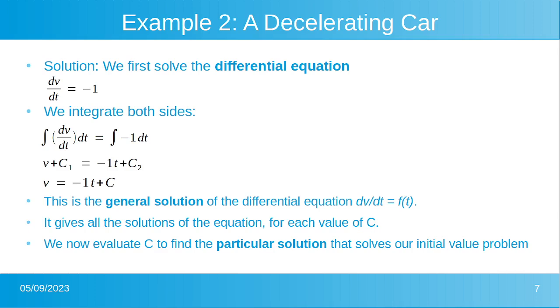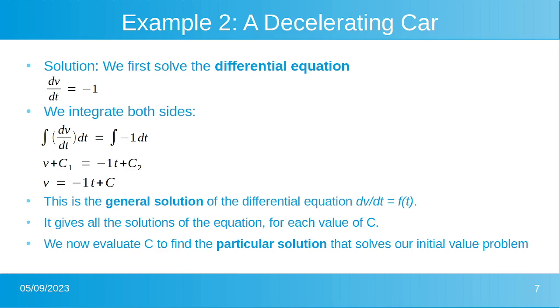Similar to previous, we can combine our constants of integration into a single constant, giving us v equals -1t plus c. This is the general solution of the differential equation dv/dt equals a function f of t. It gives all the solutions of the equation for each value of c, the constant of integration.